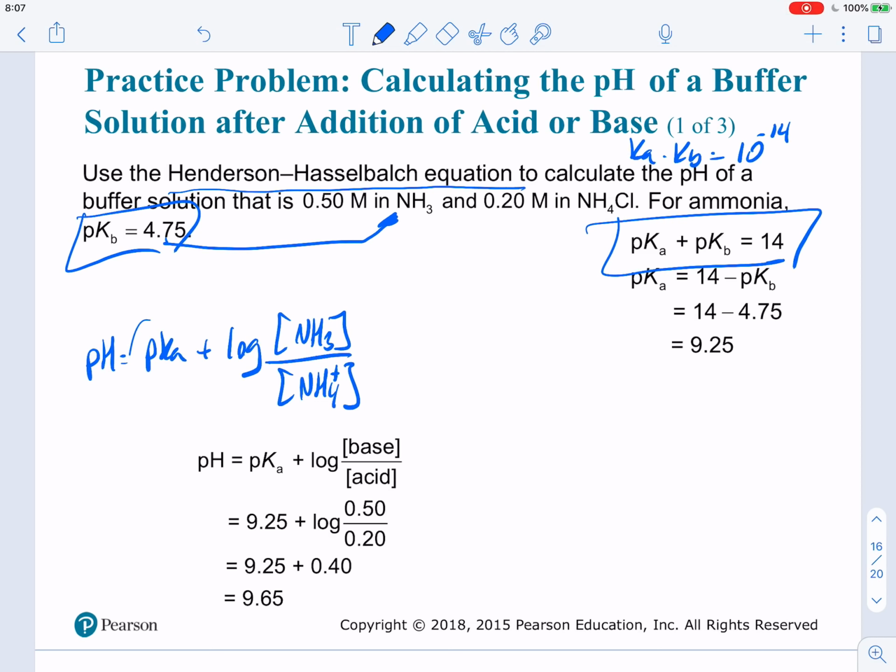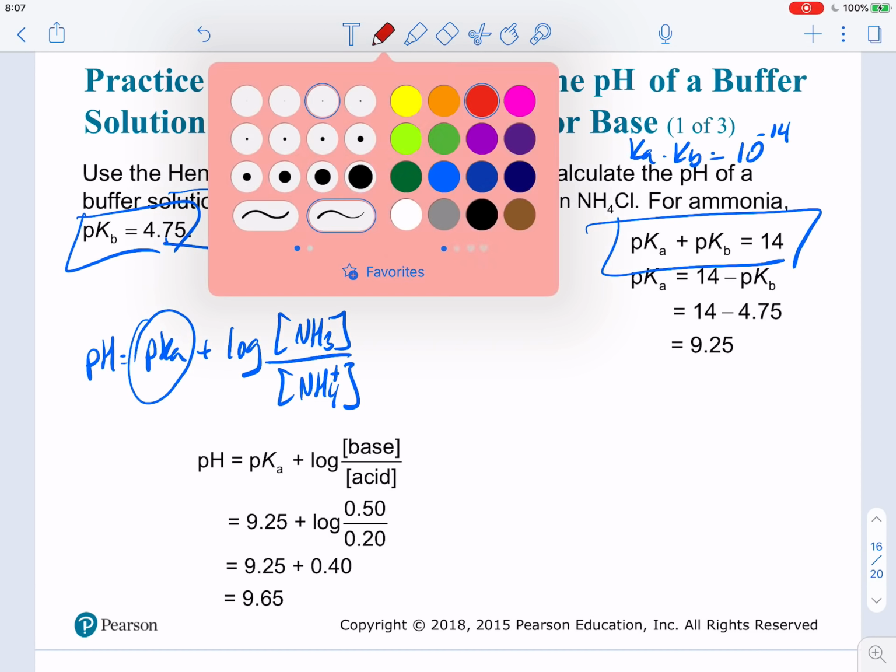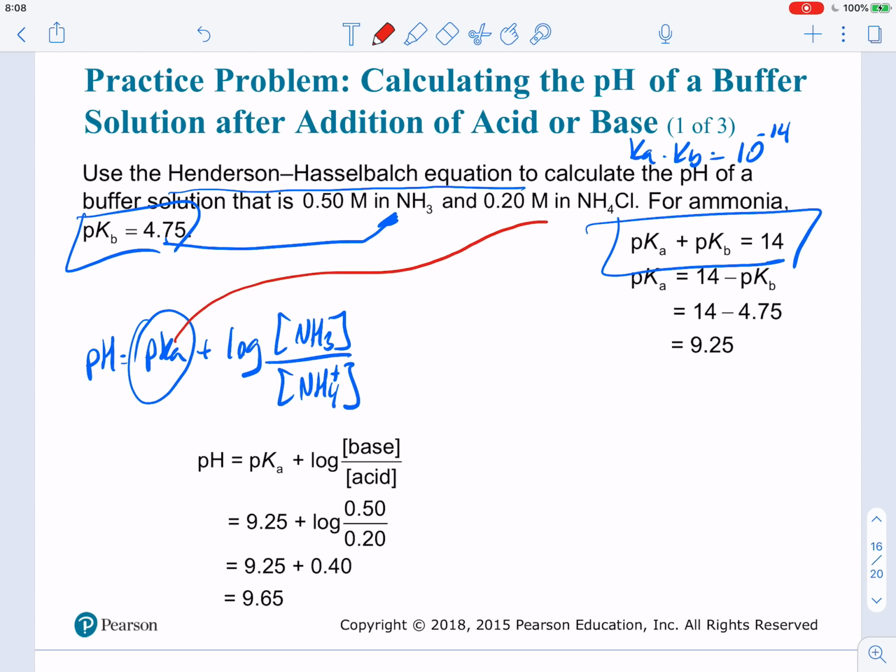But this pKa refers specifically to ammonia, to the ammonium ion. That's why we have to go through all of these. We subtract 4.75, which is the pKb, from 14, and then you obtain Ka. This is Ka.